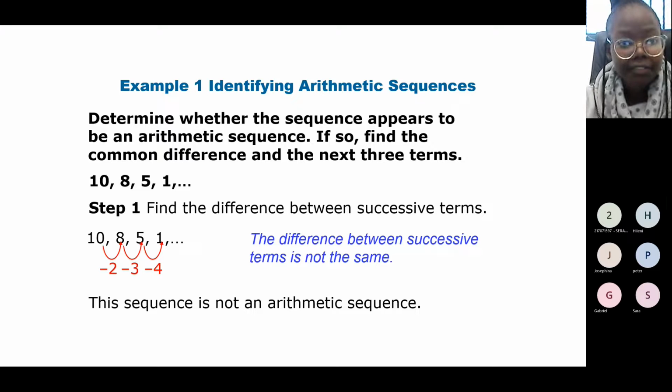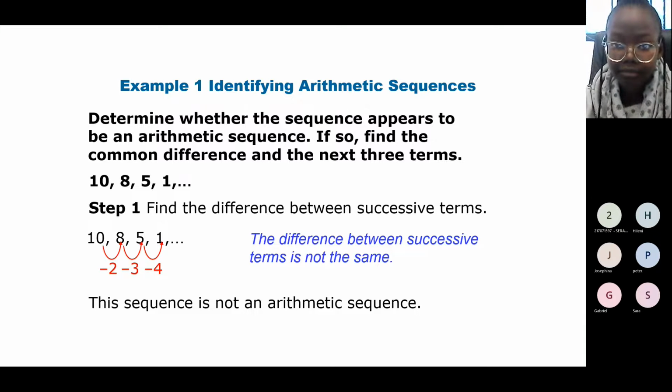So this is definitely not an arithmetic sequence. The difference between the successive terms is not the same, because it's negative 2, then negative 3, negative 4. So this sequence is not an arithmetic sequence since the difference between successive terms is not the same.